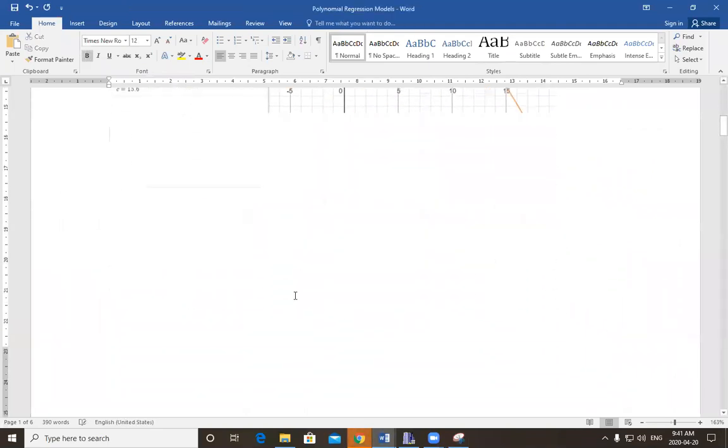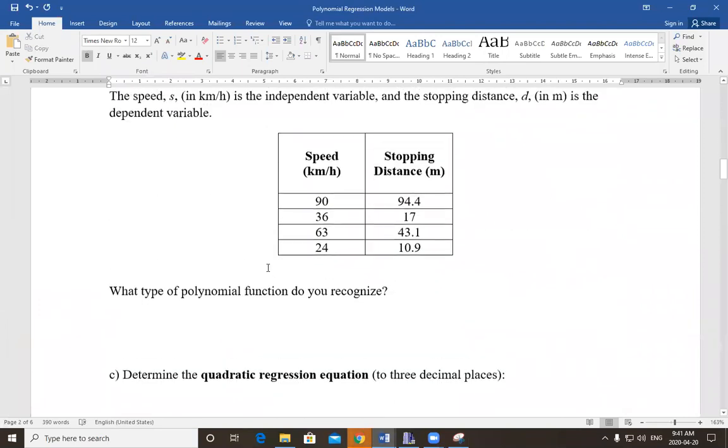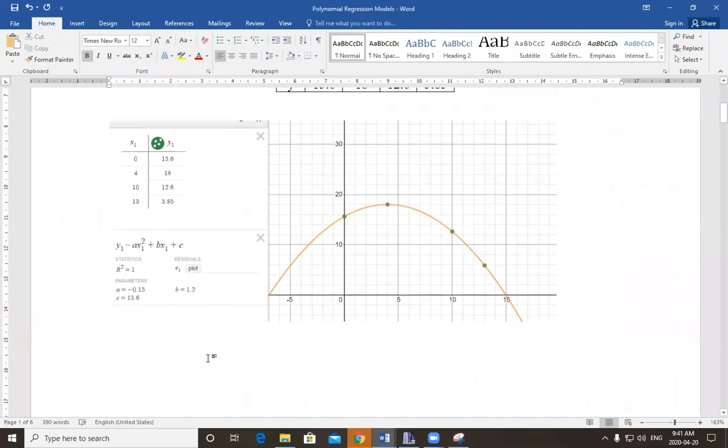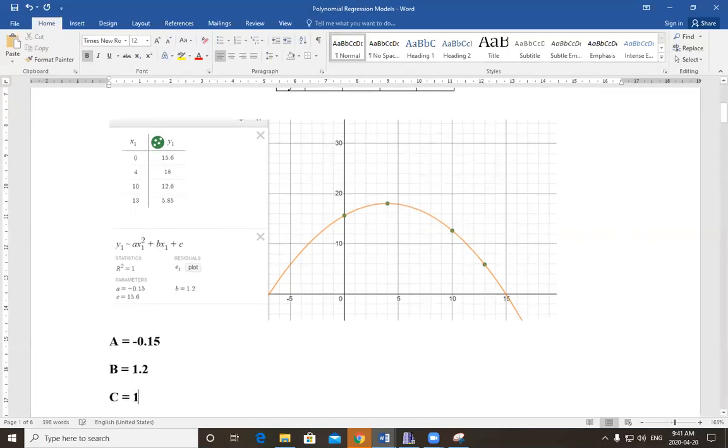Okay. So what we're going to want to do now is type in the values for A, B, and C. And again, we're just going to pull it off from Desmos. So A equals negative 0.15, B equals 1.2, and C equals 15.6.